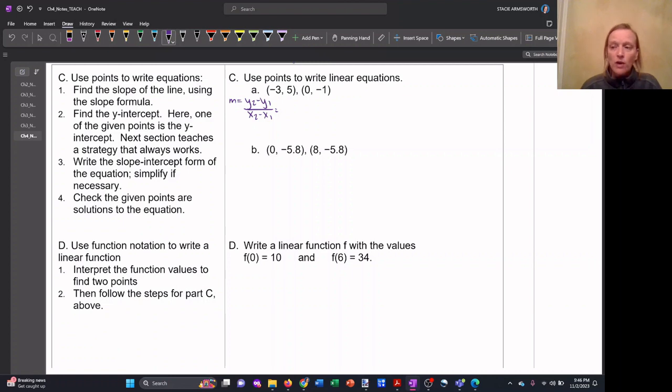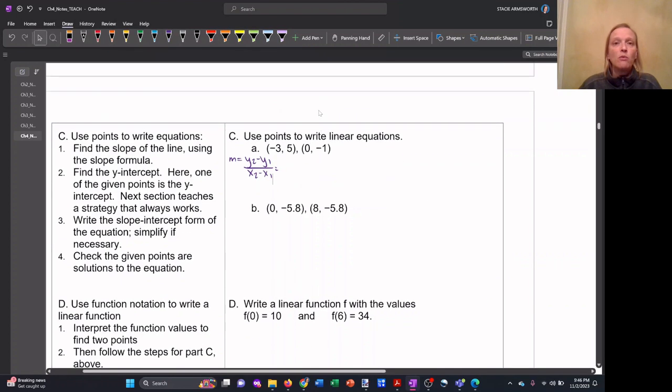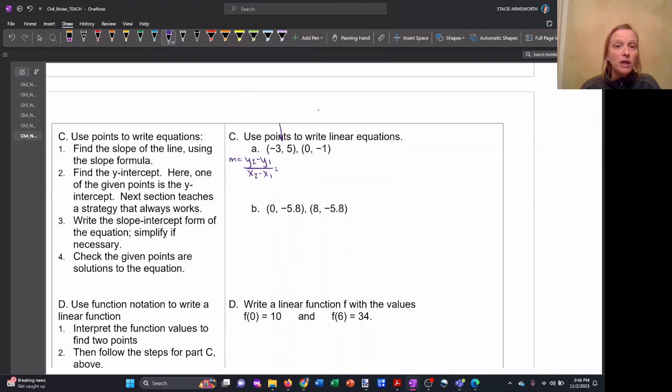So just like on the graph, I do need to decide, hey, what's my point 1 going to be? So I'll call this point number 1. And what's my point 2 going to be? It doesn't matter which point you call point 1 or point 2, but it does matter that you are consistent.